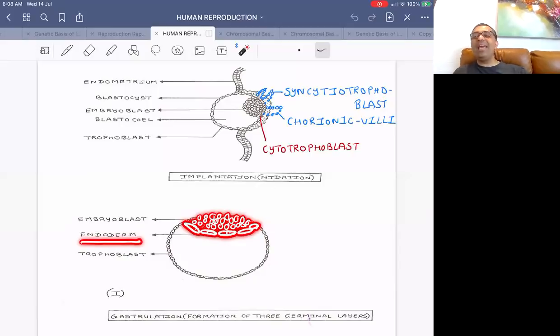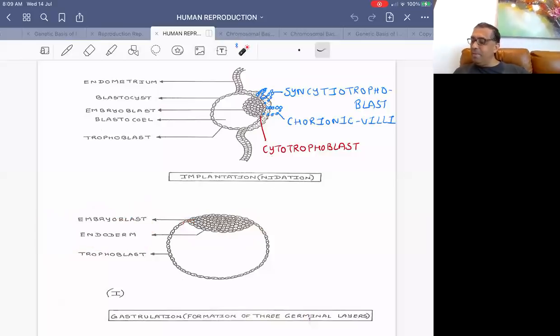So the endoderm is formed from the embryoblast cells. The lowermost layer of embryoblast cells becomes flattened to form the endoderm, which is called the hypoblast, the lowermost layer.